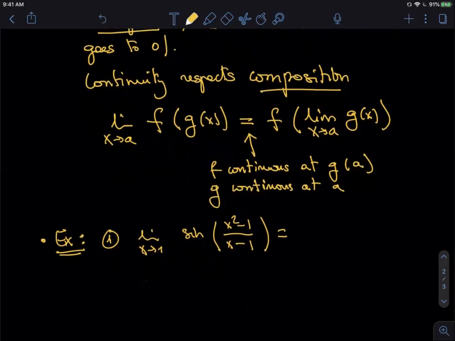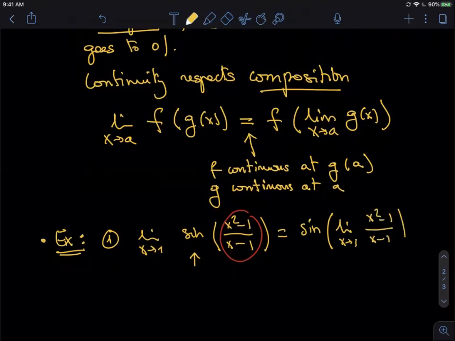So let me go ahead. By this property we just said, we have clearly two functions here: the sine and then whatever is inside. They look fine, they are continuous, except at x equal 1 maybe because of the denominator. We can just bring the limit inside. The sine is continuous, so this is the sine of the limit as x tends to 1 of (x squared minus 1) divided by (x minus 1).